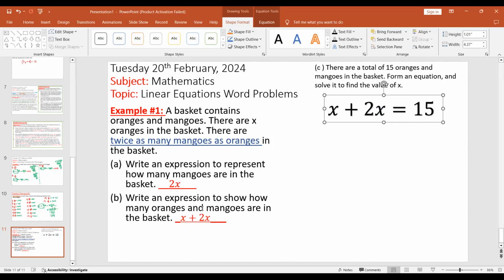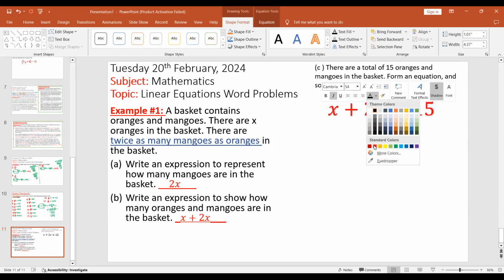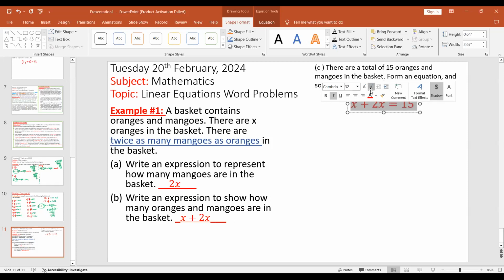So that means that x plus 2x equals 15 because they both represent the number of mangoes and oranges that are inside of the basket. And so what we're going to do is we're going to say x plus 2x is equal to 15. All right, so it should be very simple. x plus 2x equals 15.